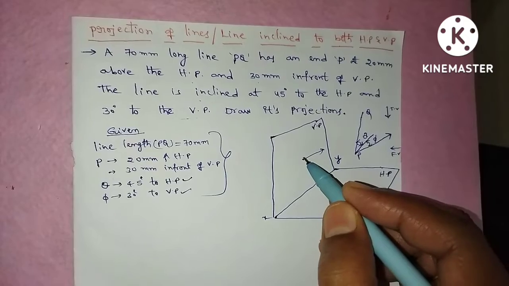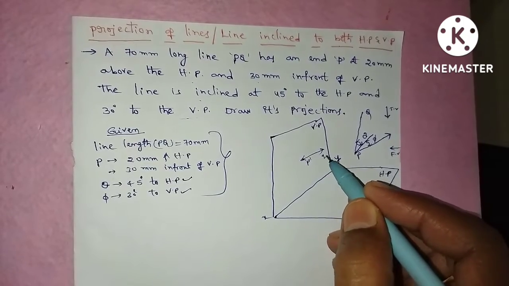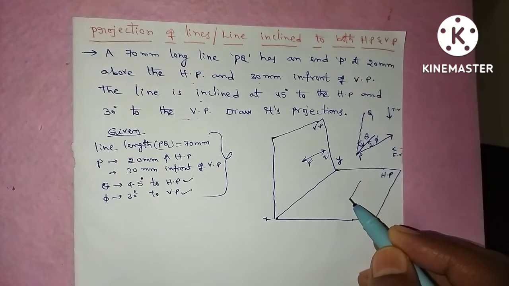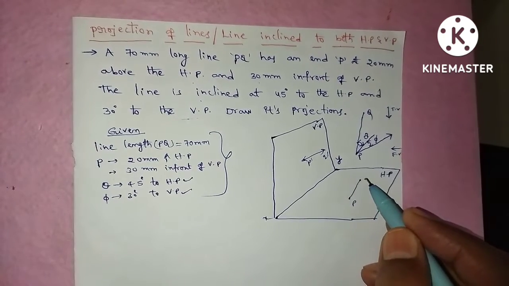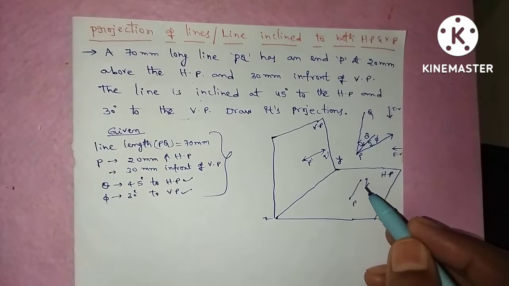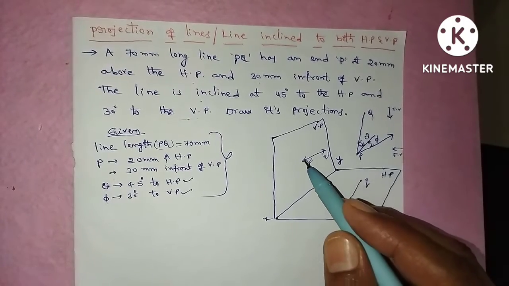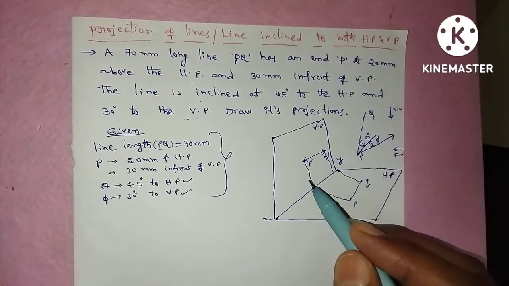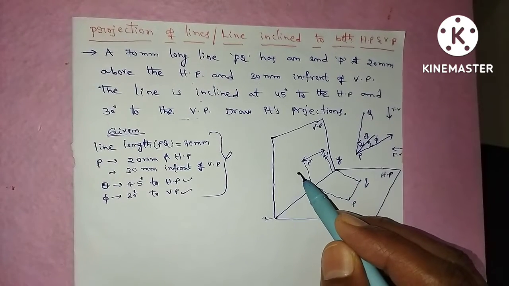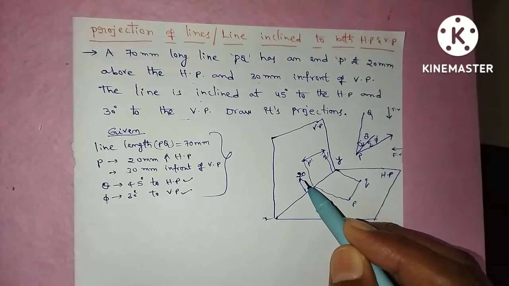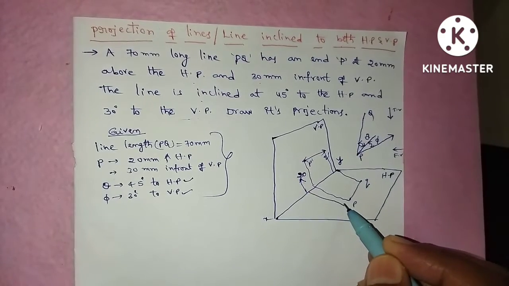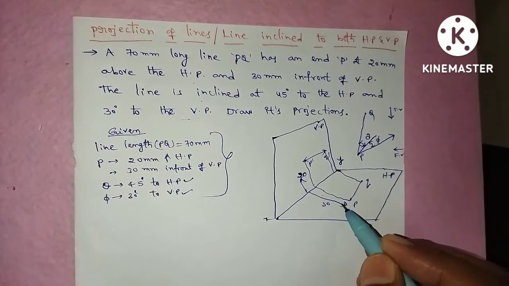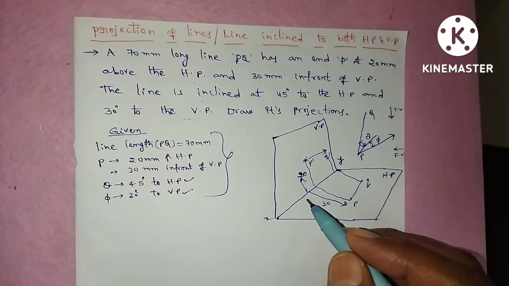So that is the front view, P dash Q dash, and PQ is the top view. The line is 20 mm above the XY line, and 30 mm in front of VP, 30 mm below the XY line. So this is a projection of the line.